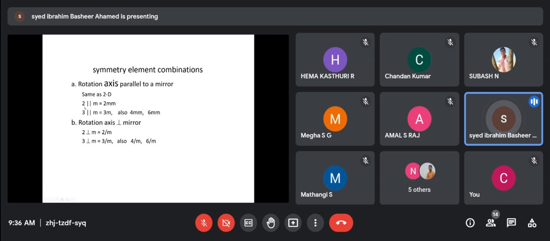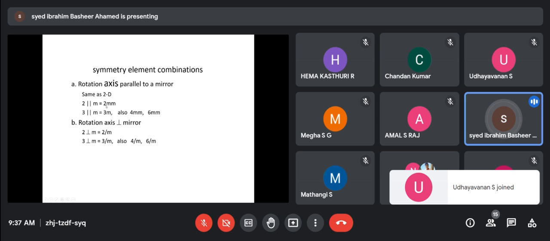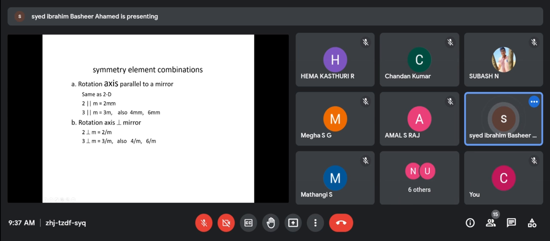Okay, so if it is written like this, it's not a bar, it's parallel, okay, mm. So it will generally be written like 2mm. That means this mirror plane is parallel to the two-fold rotation axis.